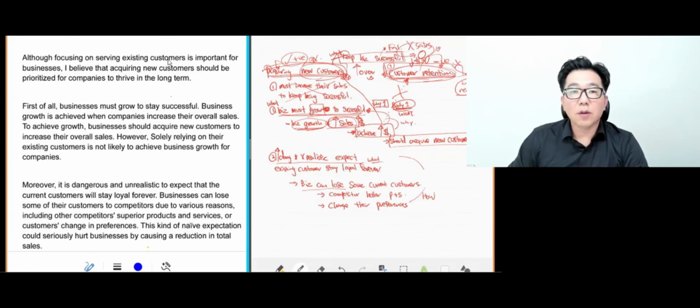Although customer retention is important for businesses, I believe that acquiring new customers should be prioritized for companies to succeed, to continue to be prosperous in the long term.